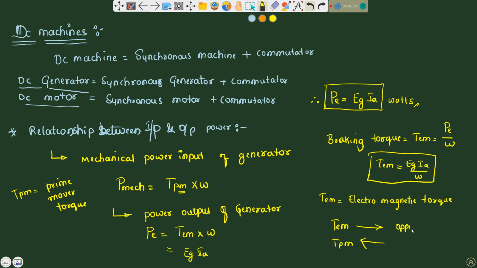Understood? Therefore this torque is called braking torque. Electromagnetic torque is also called magnetic drag. Understood? That is the relationship between input and output power of a DC generator. This is DC generator, don't get confused. Understood?